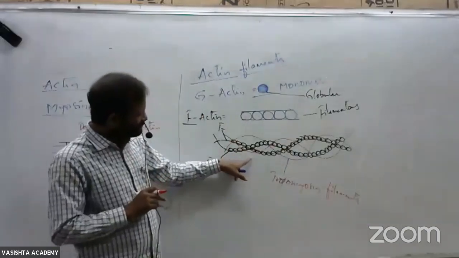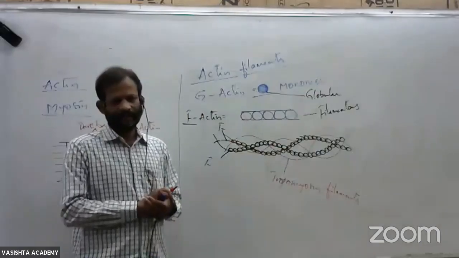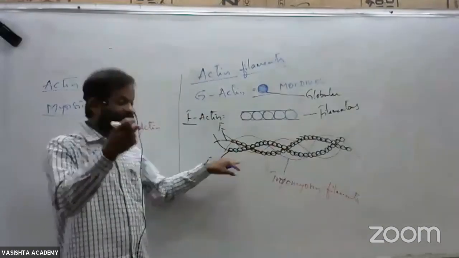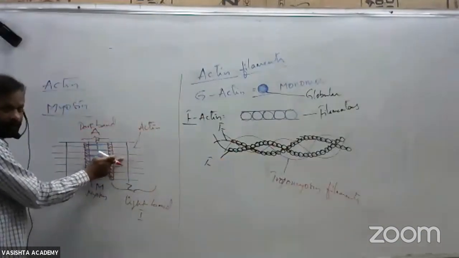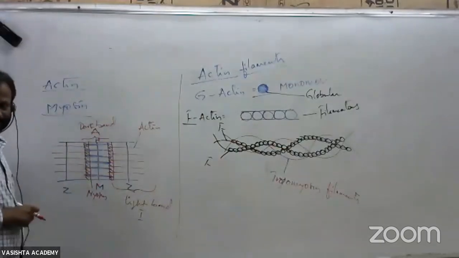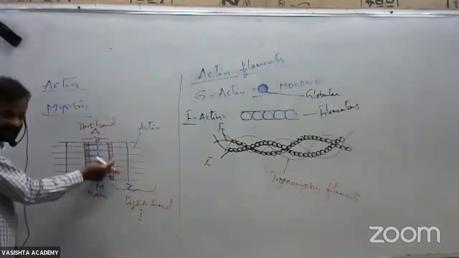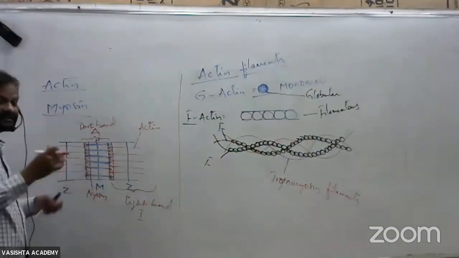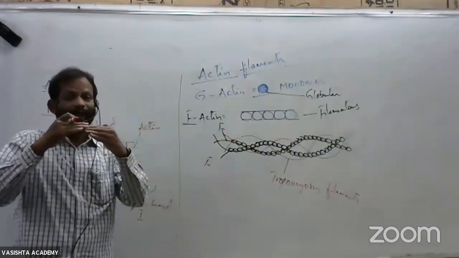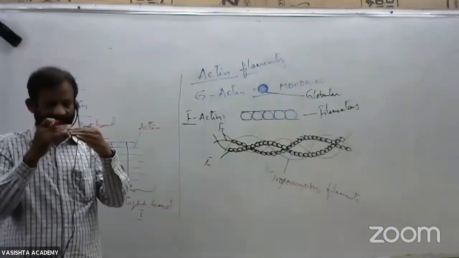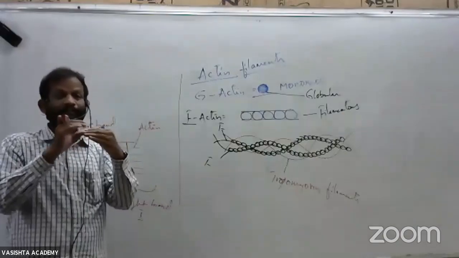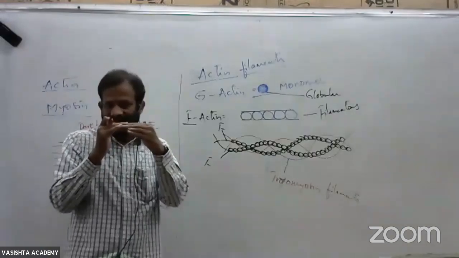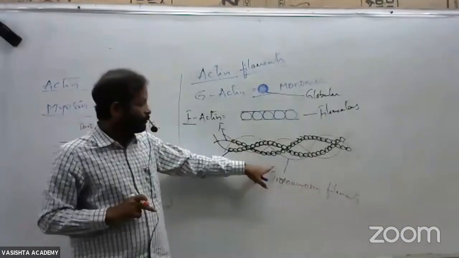Now, what is the importance of these tropomyosin filaments? Tropomyosin filaments will help in attachment of actin filament with myosin filaments. You can see in the dark band, in the sides where actin and myosin filaments are overlapping up to some distance, in that area, they must have some bond. That attachment of myosin and actin depends upon tropomyosin filaments.